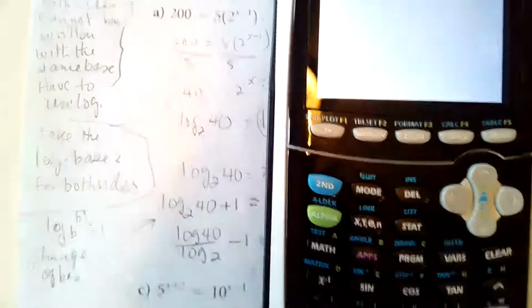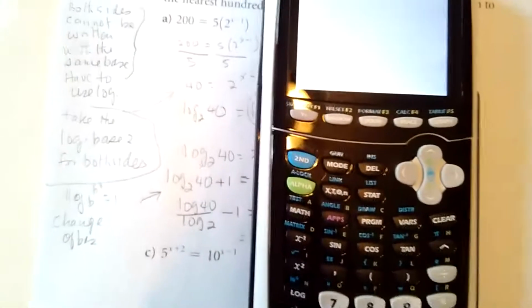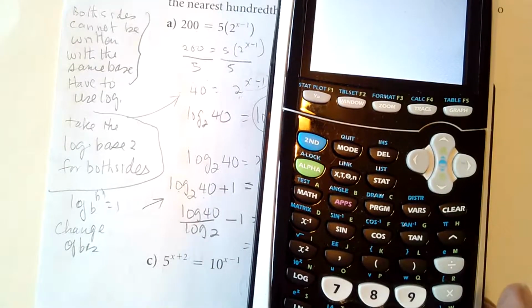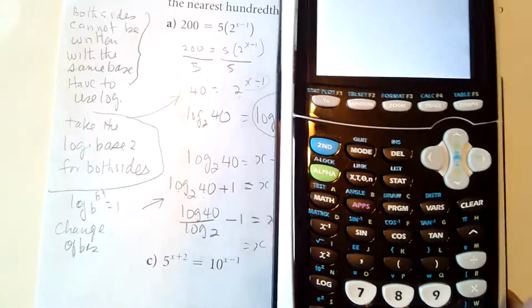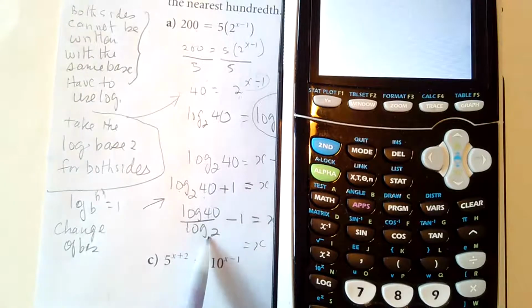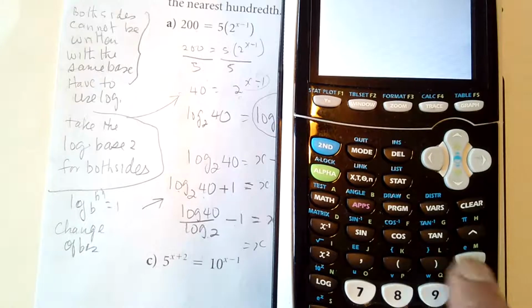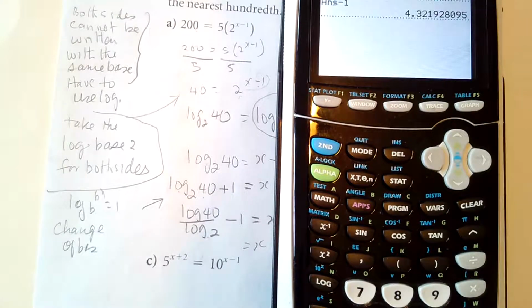Well, I have log 40 over log 2 minus 1, so log base 10, log 40 divided by log 2 plus 1.